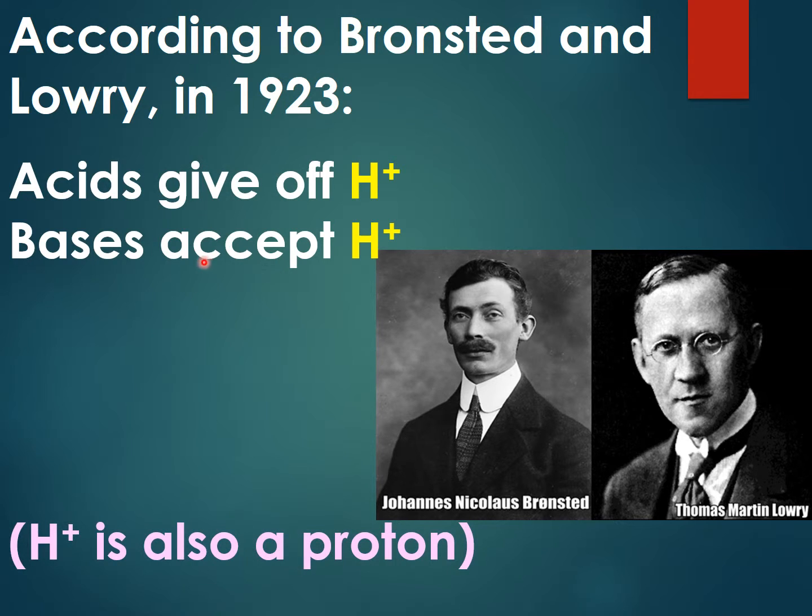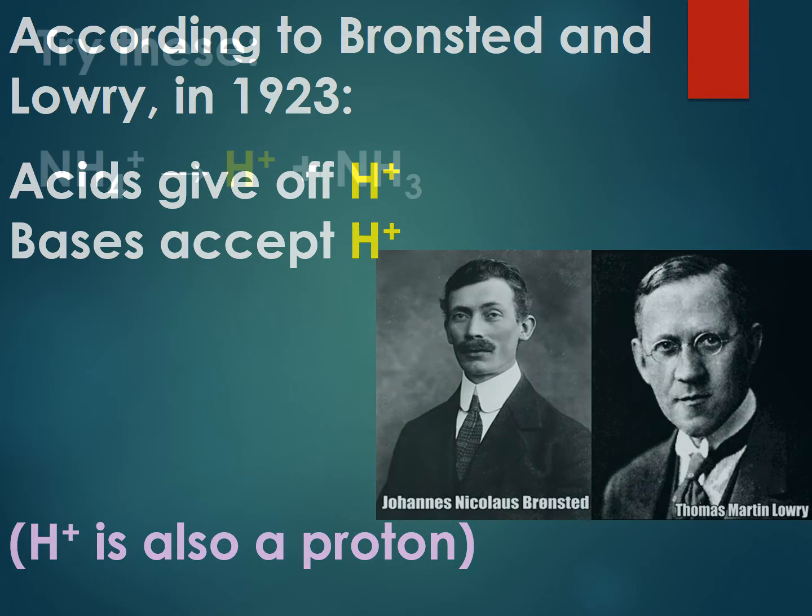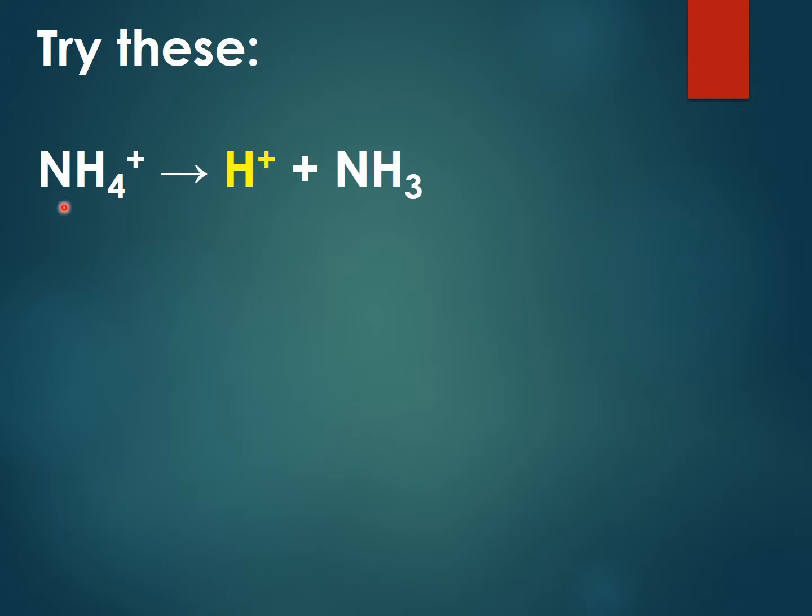Now remember, by now we've discovered protons, and that's that newfangled word, so they called acids proton donors and bases proton acceptors. So let's take a look. We have here the ammonium ion, and the ammonium ion in water splits into an H+ ion and an NH3 molecule.